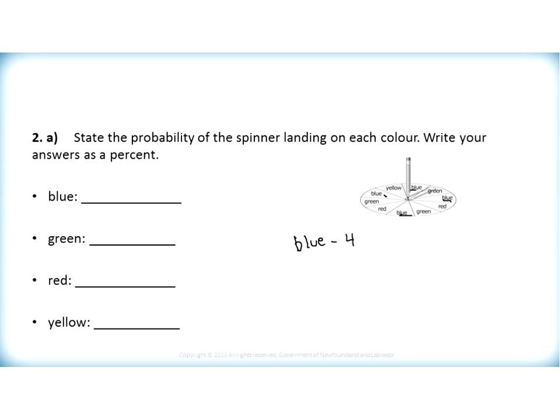How many different ways can we get green in total? Well, I've got green right here, I've got green right here, and I've got green right here. So green, there are 3 possibilities. How about for red?